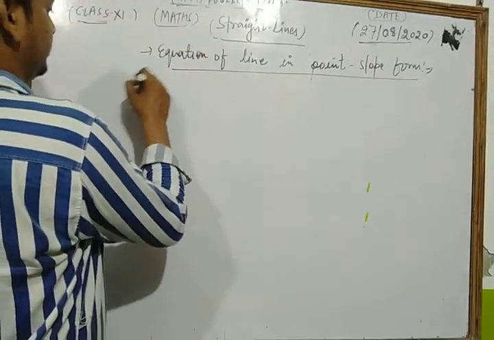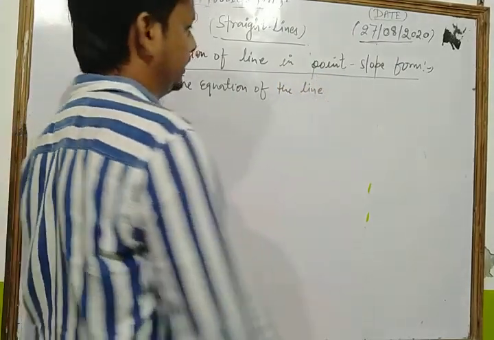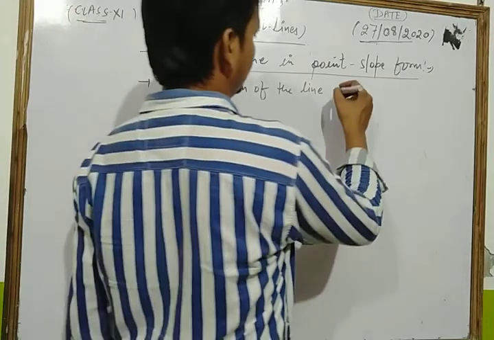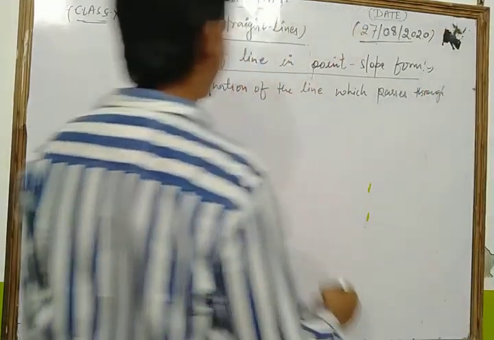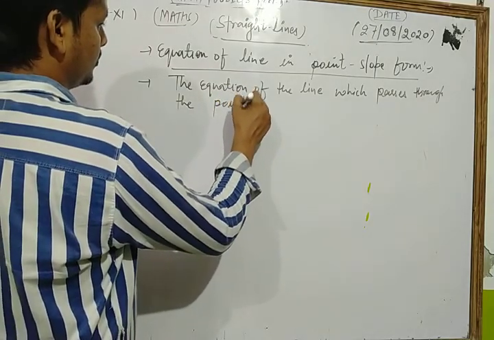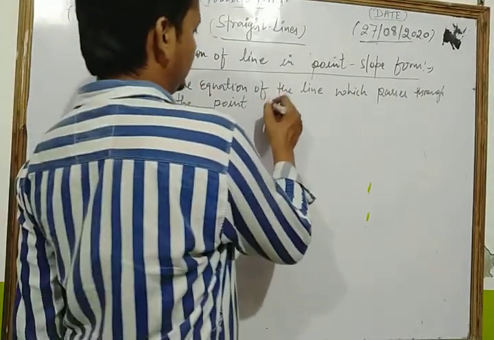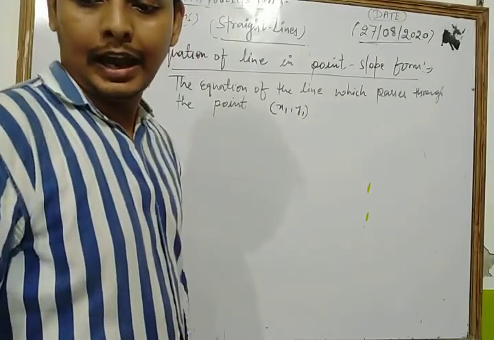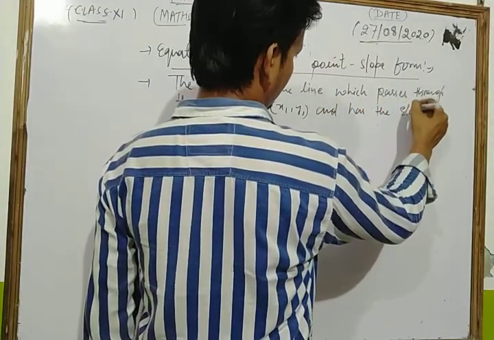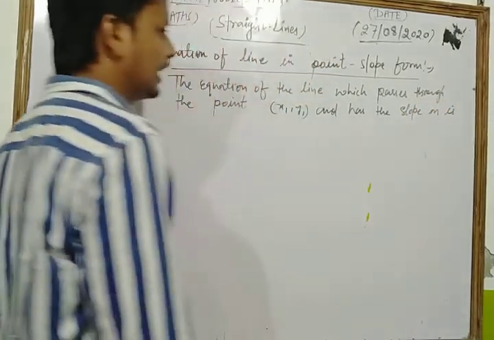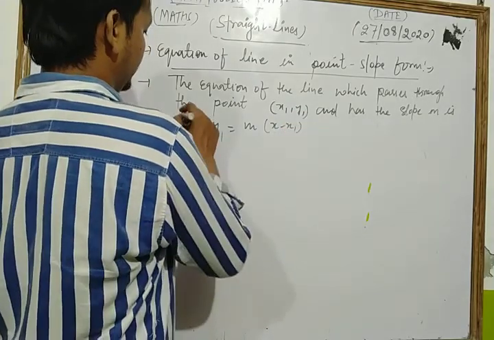The equation of the line which passes through the point (x1, y1) and has slope m is y minus y1 is equal to m times (x minus x1).